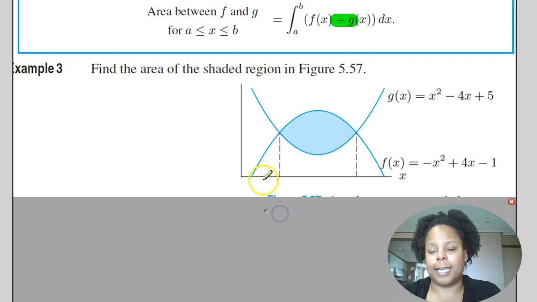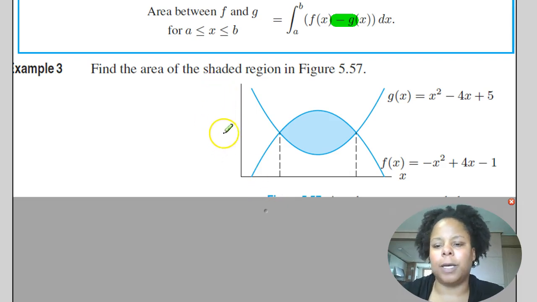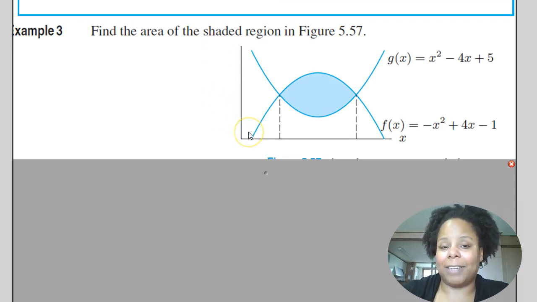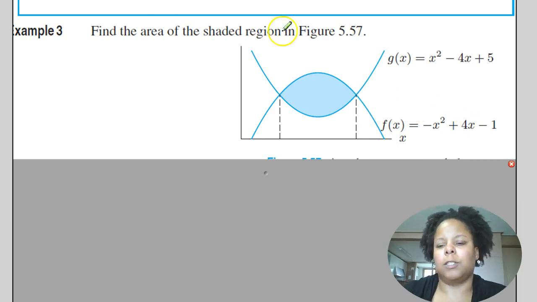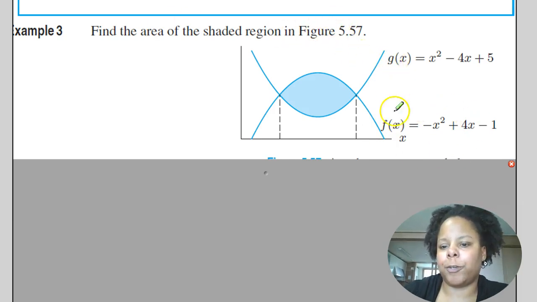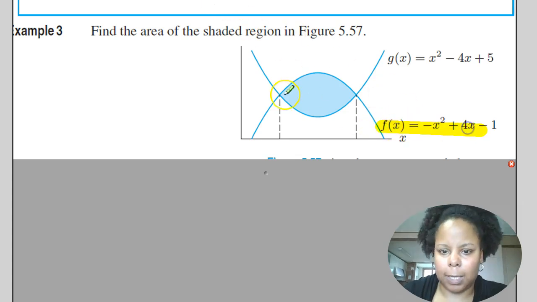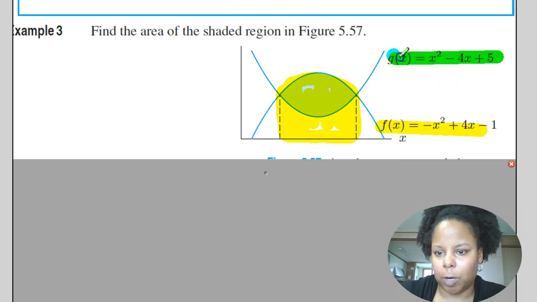In this case, f and g are above the x-axis, which makes life a lot easier. The area under the curve of f of x, and here's my f of x, can be determined using this yellow. Sorry, I can't draw that well. And the area under the curve of g of x, let me try blue. Sorry. It looks like this.